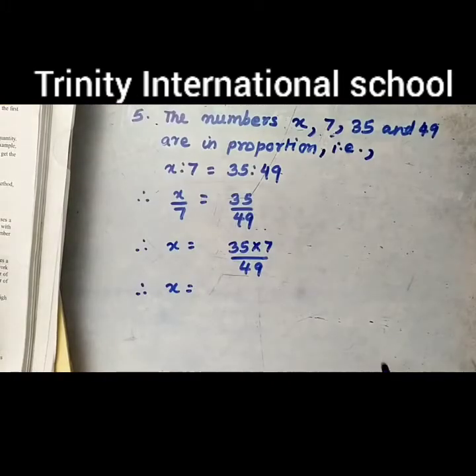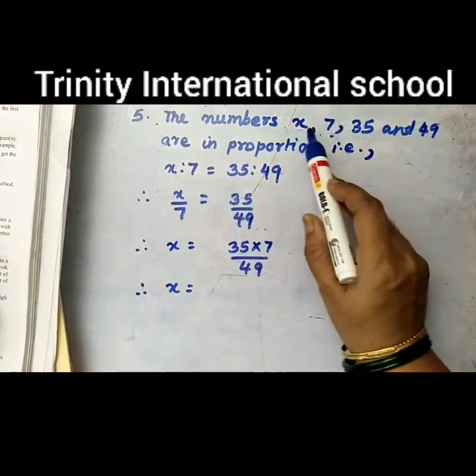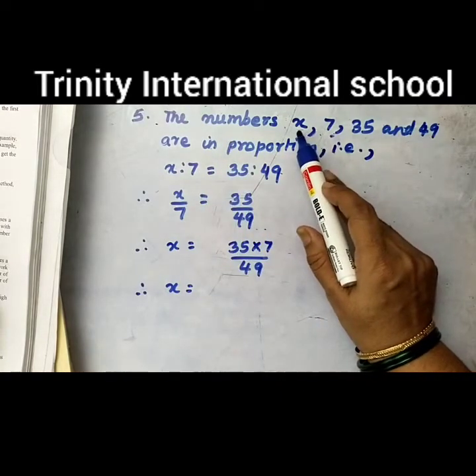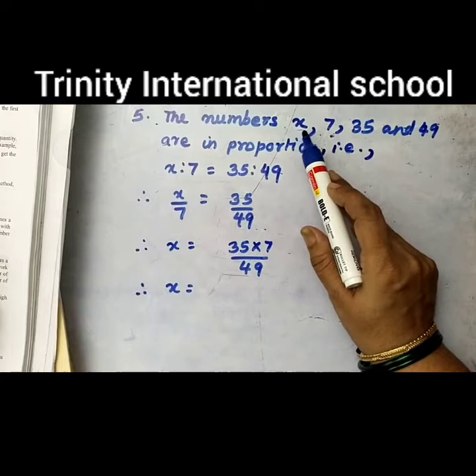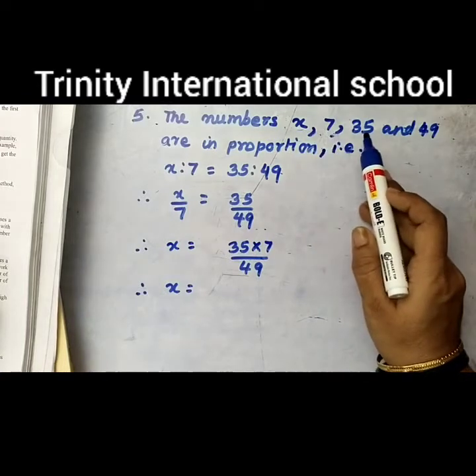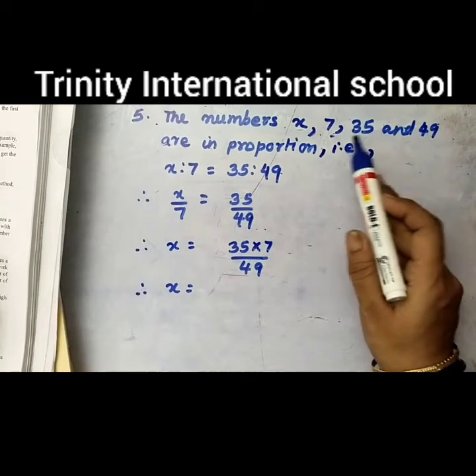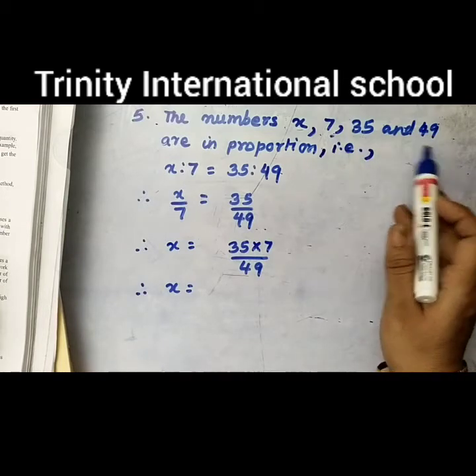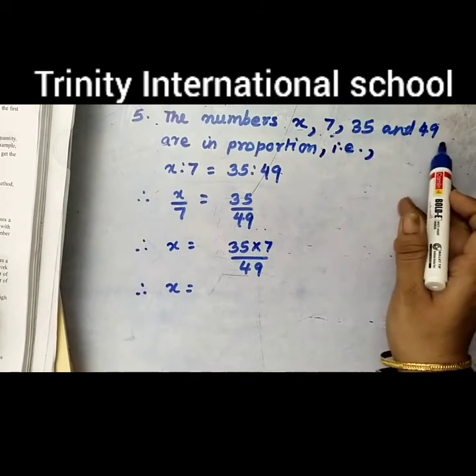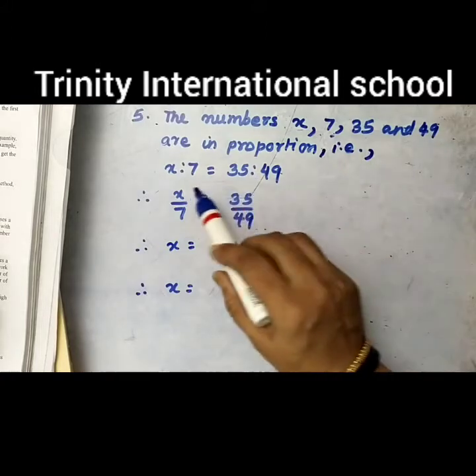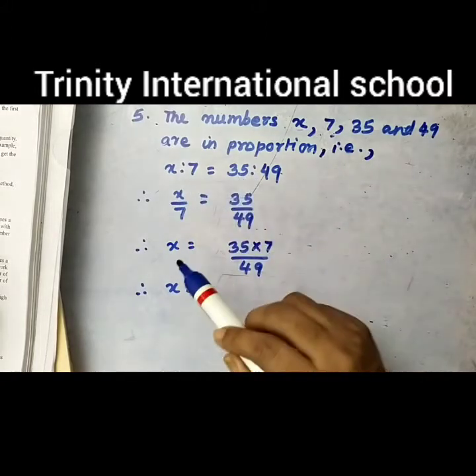Now see what I have written, the numbers. The first term you are going to find out, so I have written x at the first term. Then 7, 35 and 49. Okay, so the corresponding numbers are given to you in the second, third and fourth positions. So now we can write the ratio like this.